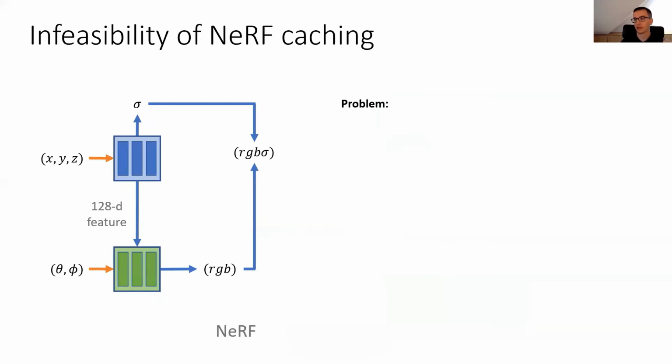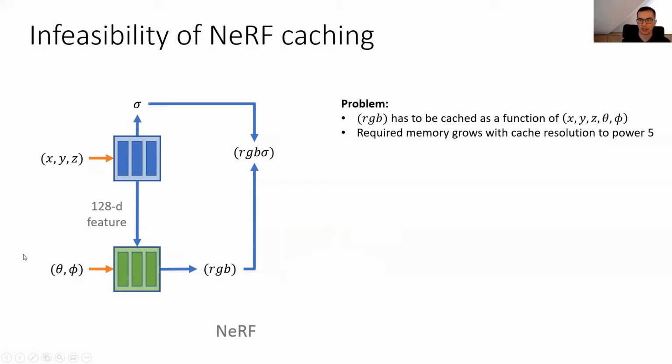However, very quickly, you would realize that there is a memory problem here. See, NeRF is a function of 5 variables, XYZ, phi, theta. This means that the size of the cache increases with the cache resolution, so the number of bins per input dimension, to the power of 5.